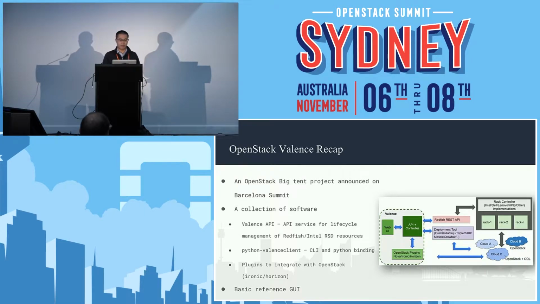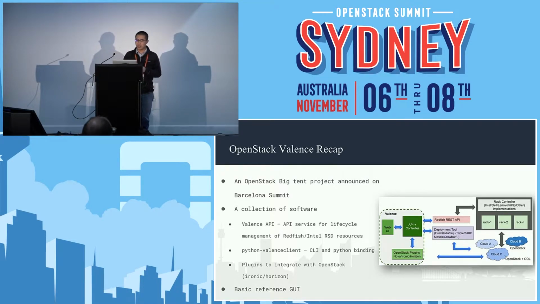So Valence consists of the Valence API and Valence client and some plugins to integrate with the other OpenStack projects such as Ironic and Horizon, etc. And it also has a basic GUI to help you to operate the RSD resources.